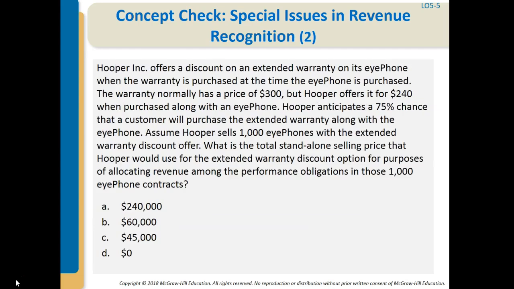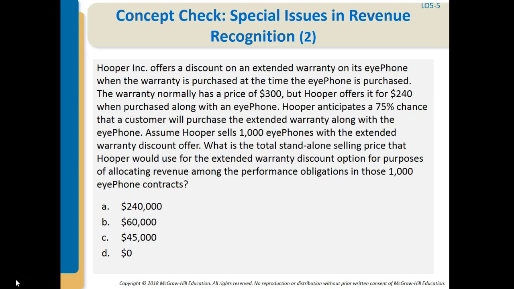Here's another one. Hooper Inc. offers a discount on an extended warranty on its iPhone. When the warranty is purchased at the time the iPhone is purchased, the warranty normally has a price of $300, but Hooper offers it for $240 when it's purchased along with the iPhone.